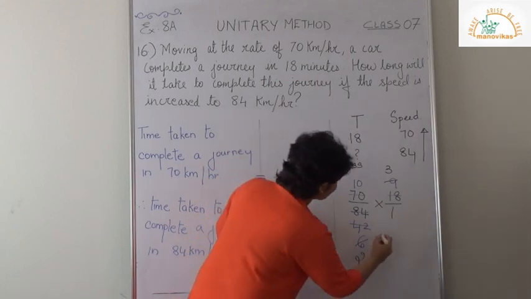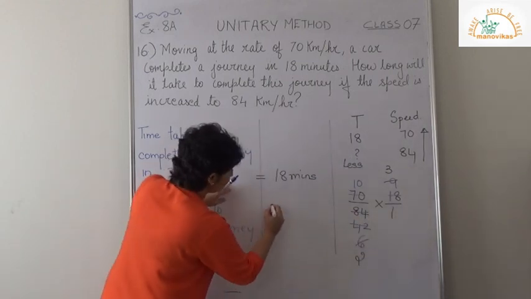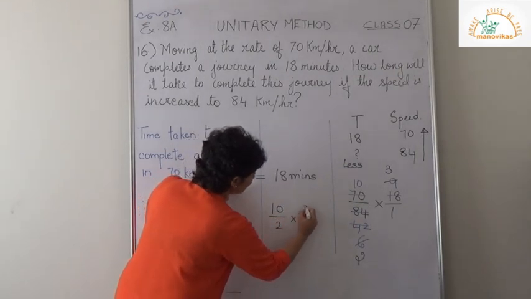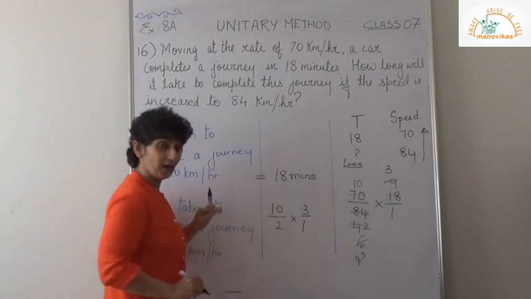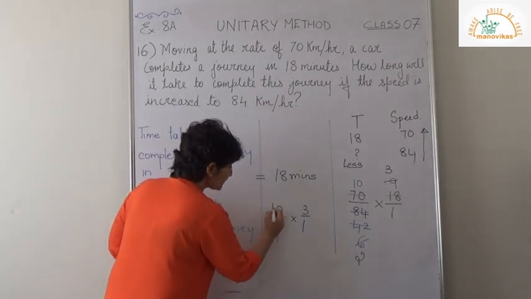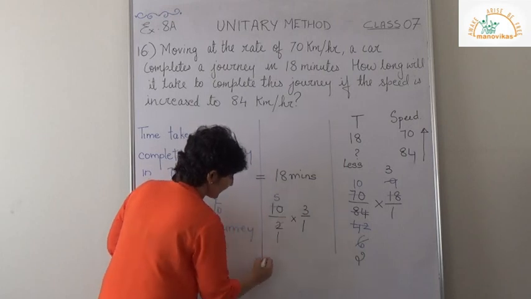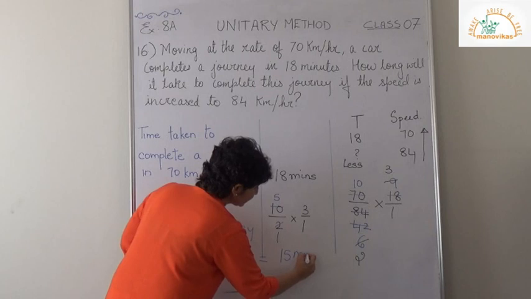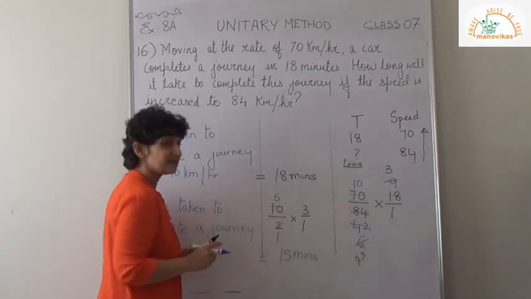I get 10. Let me write it here. 10 upon 2 into 3 upon 1. Correct? I can still reduce. 2 1s are 2. 2 5s are 10. So how many minutes does he take? 15 minutes. Is it clear?